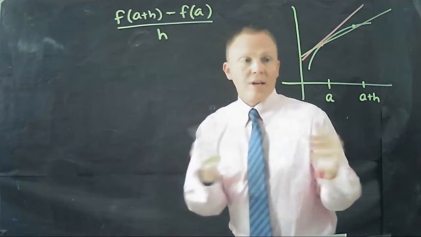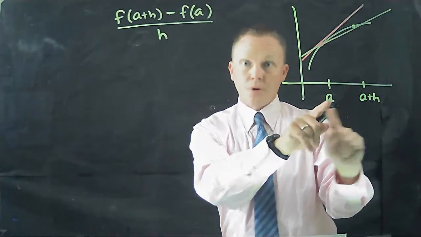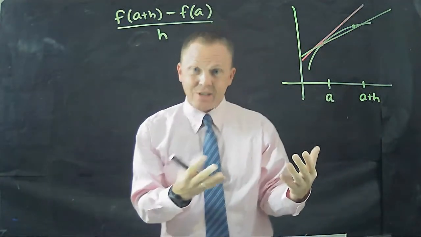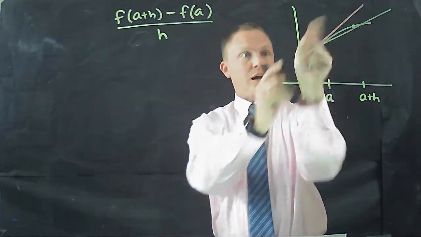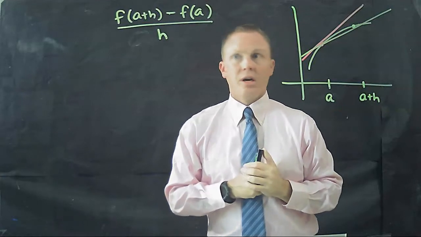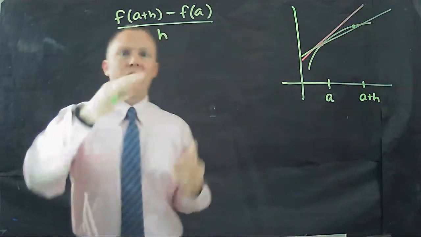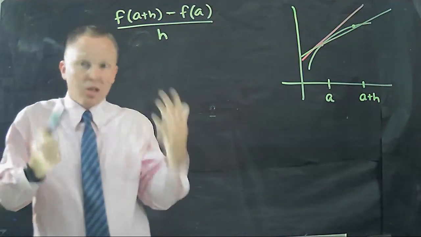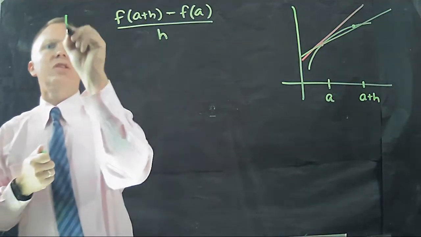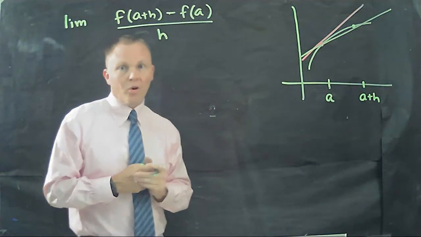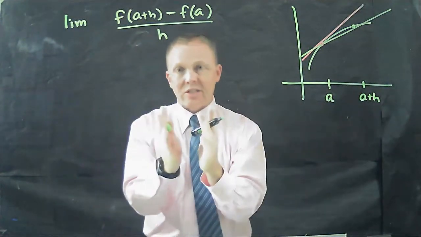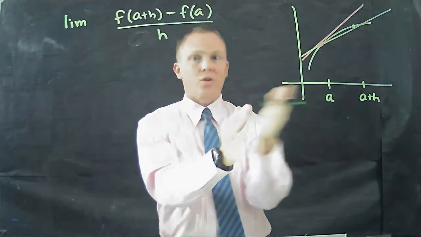Now, again, we need to make this distance approach 0, but not necessarily equal 0. Then that secant line will become that tangent line for us. So how do we make that happen? The limiting process. We still do a limit, but this time, what has to approach 0? Before, the way we made that distance go to 0 is we said let x go to a.